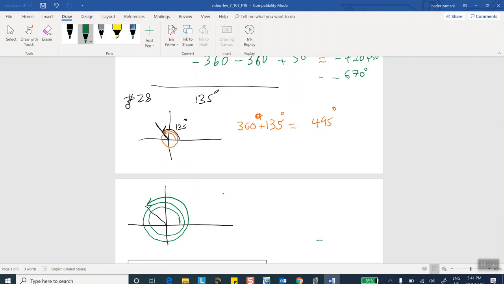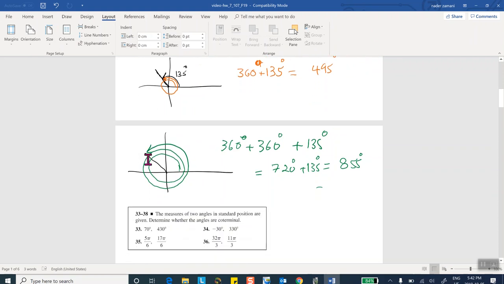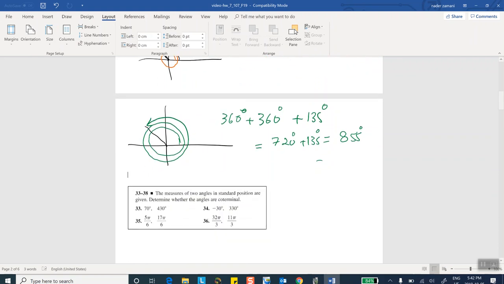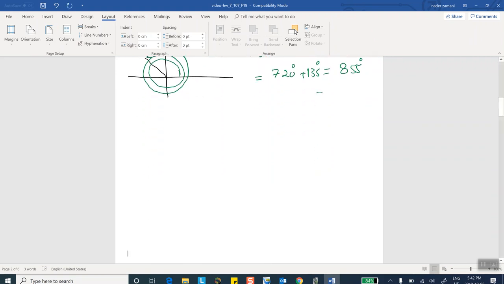So it's going to be 360 plus 360 plus 135, and this is going to be 720 plus 135, which is 855 degrees. Now, it says do the same thing, except that use negative angles. Okay, so fine. So let me go down here.